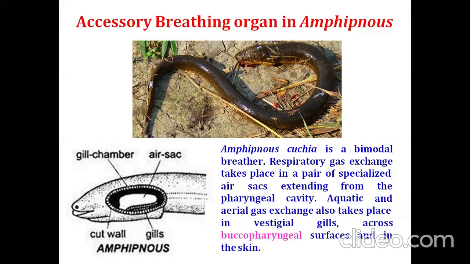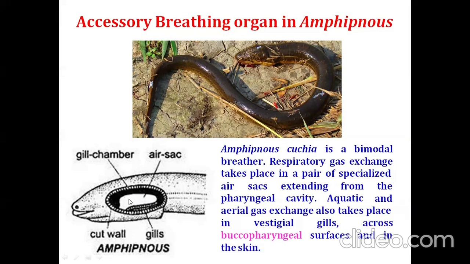But it is of a different kind, because it has bimodal respiration. The respiratory gas exchange takes place in a pair of specialized air sacs. In this image, you can see clearly a white-colored structure, that is the air sac, extending from the pharyngeal cavity. From here, the pharyngeal cavity starts and it gets extended.